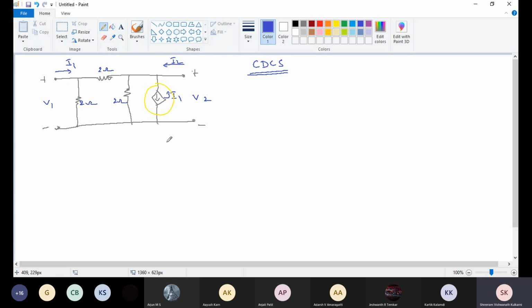Okay, now first step, what we need to do? First mark all the terminals. The ports are 1, 1 dash, 2, 2 dash.